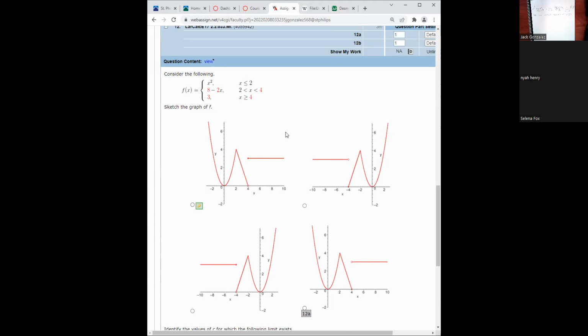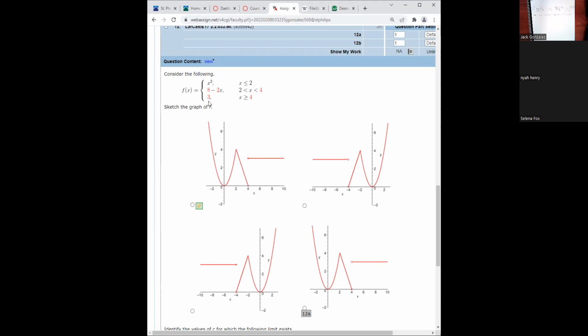When you're doing these piecewise functions, if you don't want to do it by hand, I would just eliminate the ones that make no sense. Check the holes, check if the line is going in the right direction. Right away, you should see that B makes no sense because it should be going past 4, not below -4.